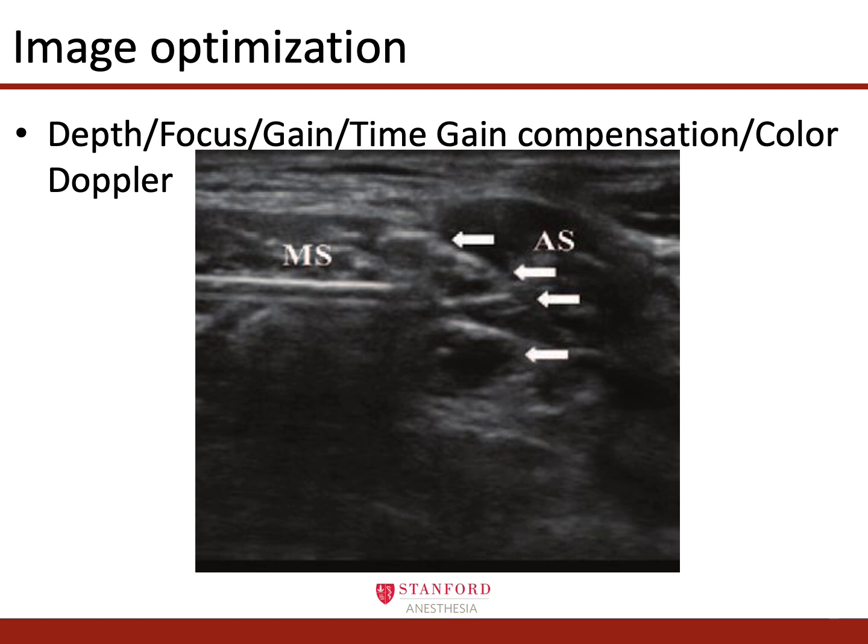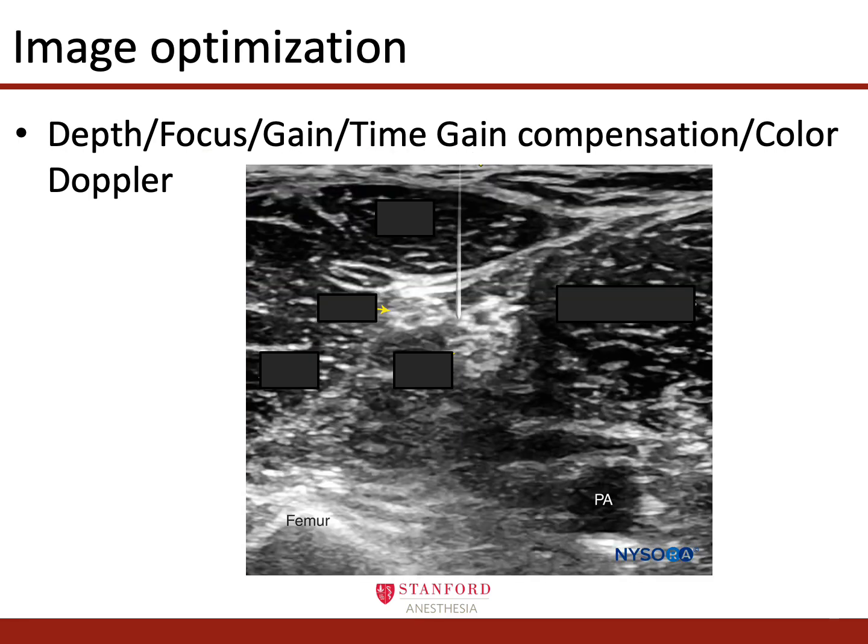The first maneuver here would be to reduce the depth, which would then change the focal area to be located over the interscalene groove. If that doesn't improve the image, then we would increase the gain to increase the brightness and therefore get better delineation of all the nerve roots.